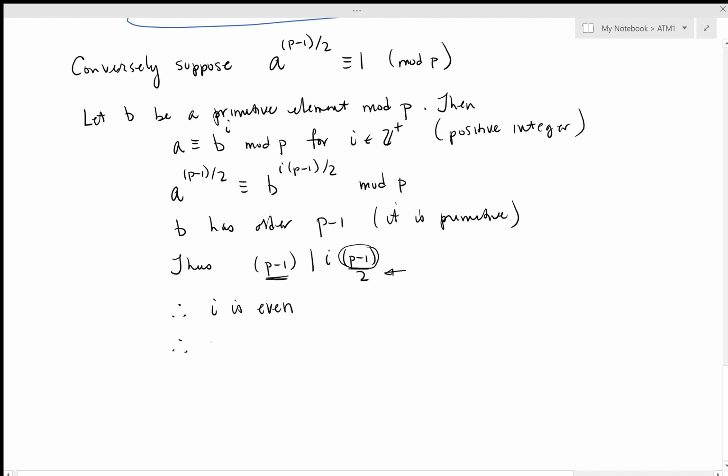the square roots of a are plus or minus b to the i over 2 mod p.